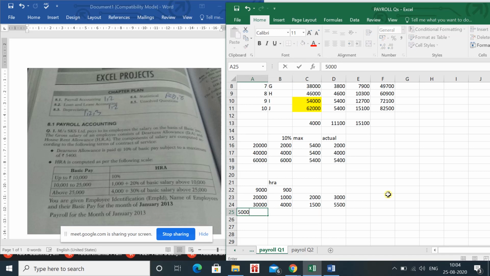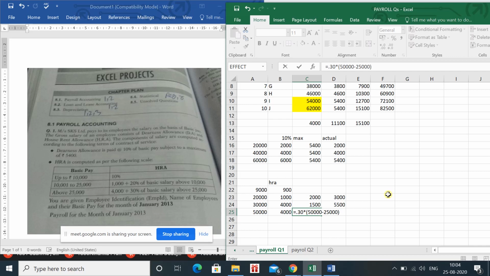Okay. I'm taking one more example. If your salary is 50,000, what will be the fixed amount? 4,000 plus 30% of what? 30% of the amount which is in excess of 25,000, of 50,000 minus 25,000.